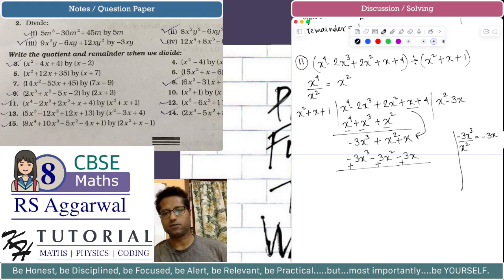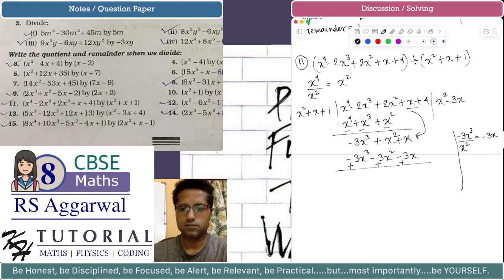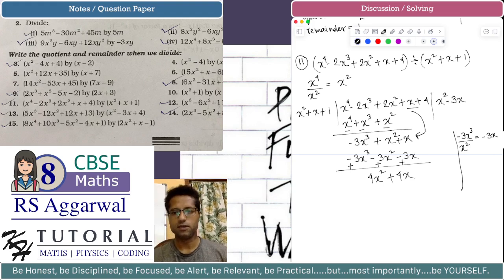So minus 3x cube plus 3x cube cancels out. X square plus 3x square becomes 4x square. X plus 3x becomes 4x. And we see the remainder is 4x square plus 4x. Its degree is 2, which is equal to the degree of the divisor. So we will have to carry on with the long division process.